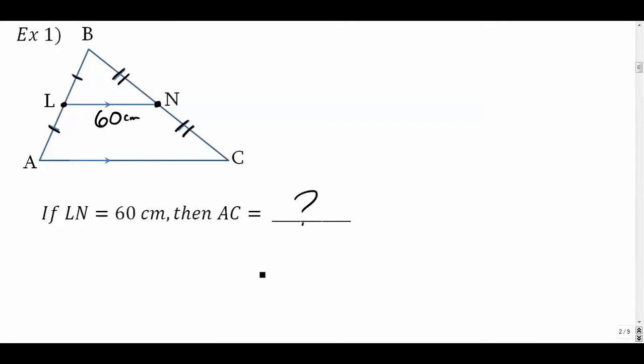Awesome. So it's parallel. The midsegment's parallel to segment AC, but I'm more concerned about what the length of segment AC is. If the midsegment's 60, then we know that the midsegment is half as big as the parallel side, so 60 is equal to 1/2 times x, or whatever you want to call it. Multiply both sides by 2, and we get 120 centimeters. Pretty straightforward.